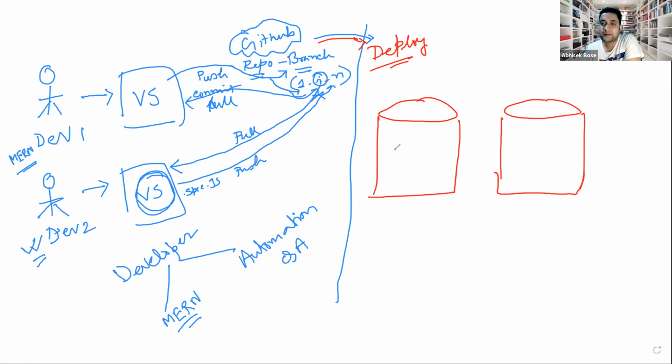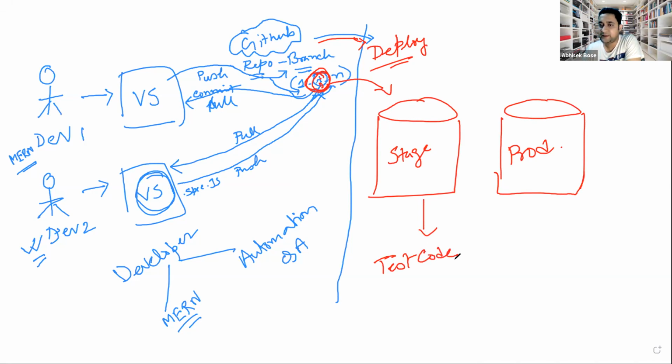This is like a stage server, this is like a production server. Now, who will deploy this updated code from here to here? Then again, you have to test the code after deployment, correct?